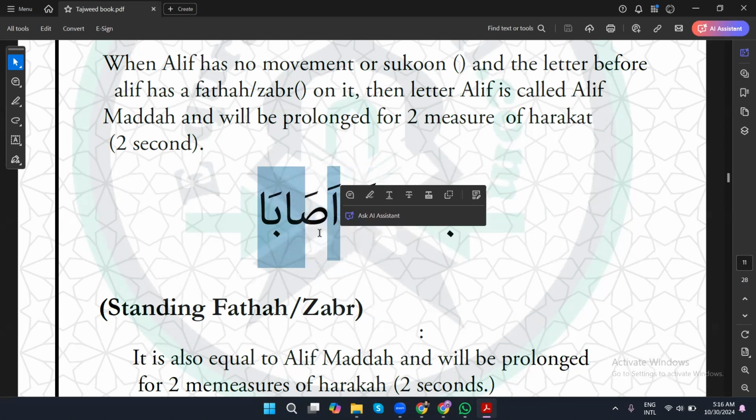Then, sa, yes, it's saw with Alif Madda. Saw. Asa. Then, ba. Okay, excellent. I hope that you understand the definition of Alif Madda.